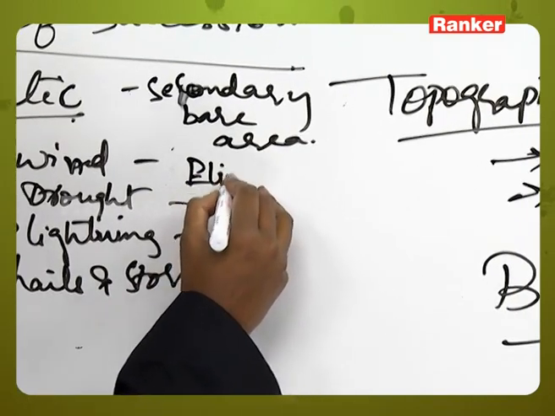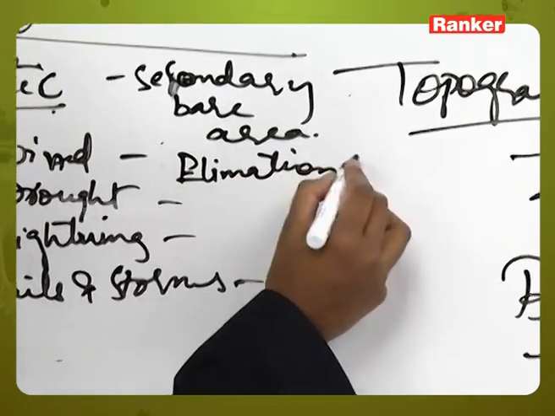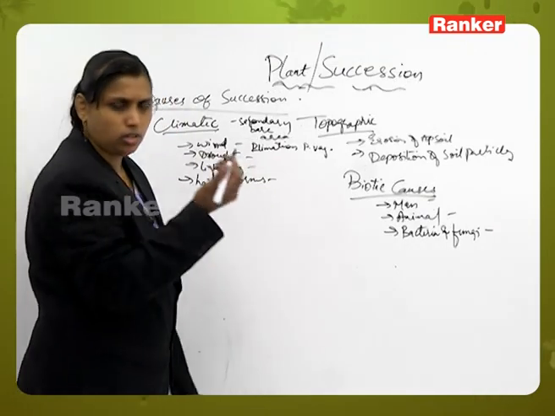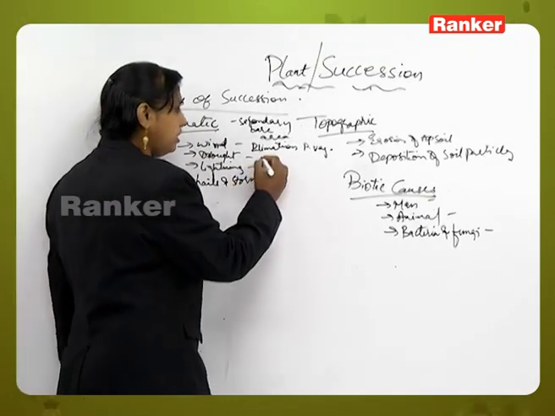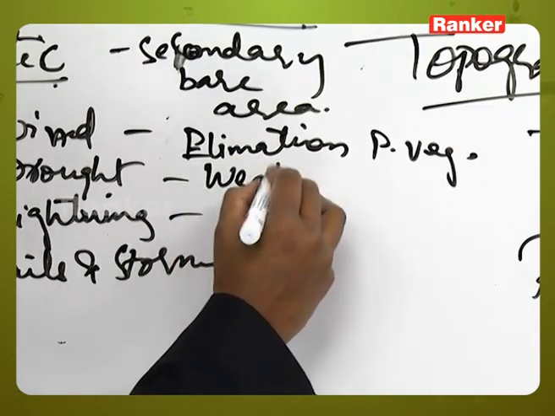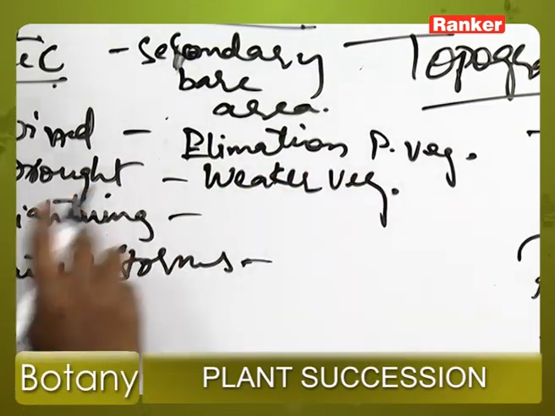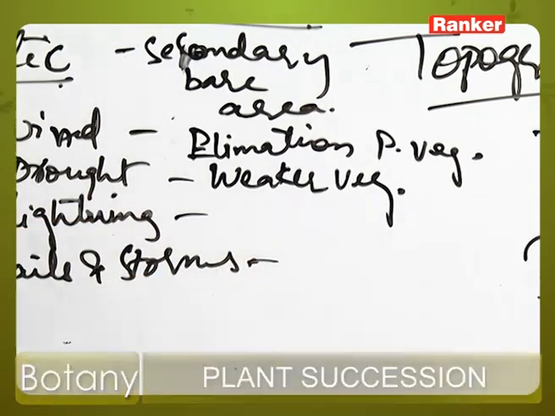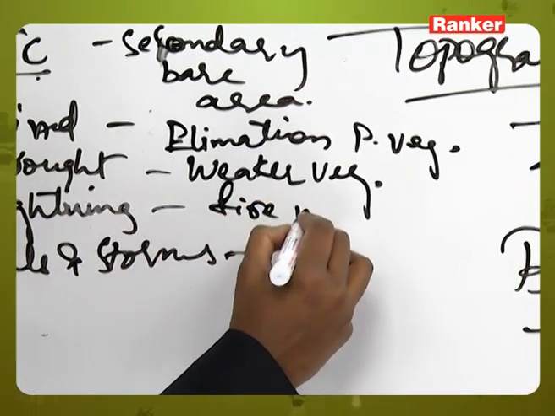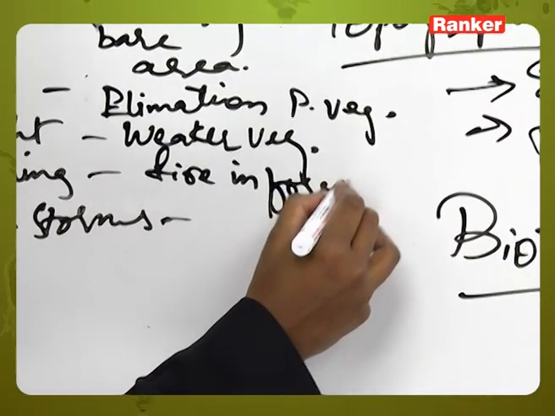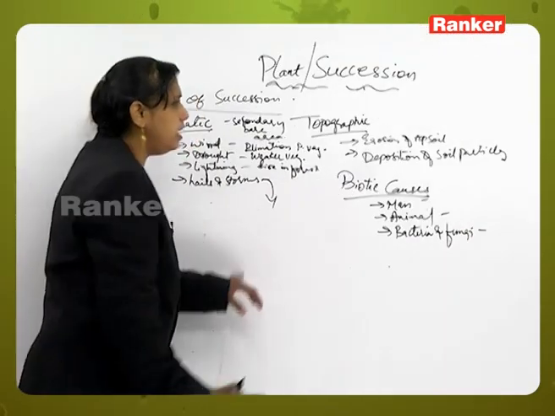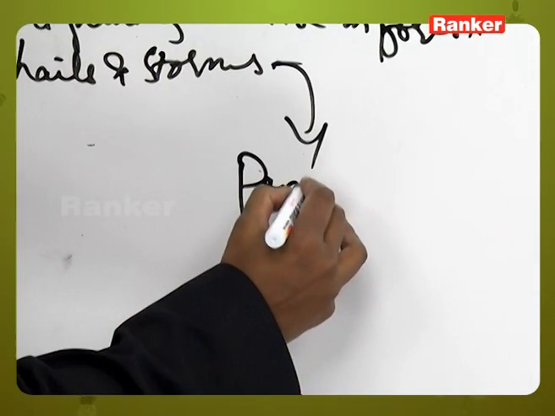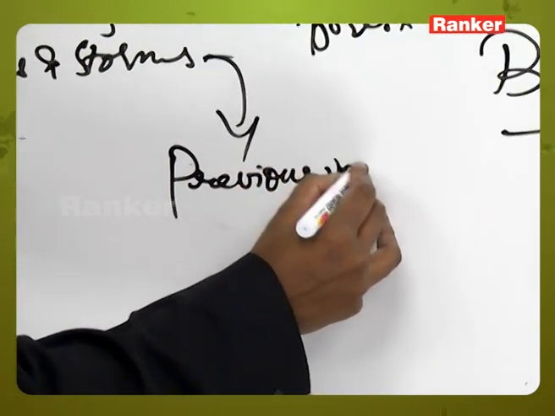If drought conditions are there, it will destroy the weaker vegetation. If it comes in the form of lightning, it will cause a fire in the forest. And in the case of hails and storms, it will kill all the previous vegetation already existing in that area.